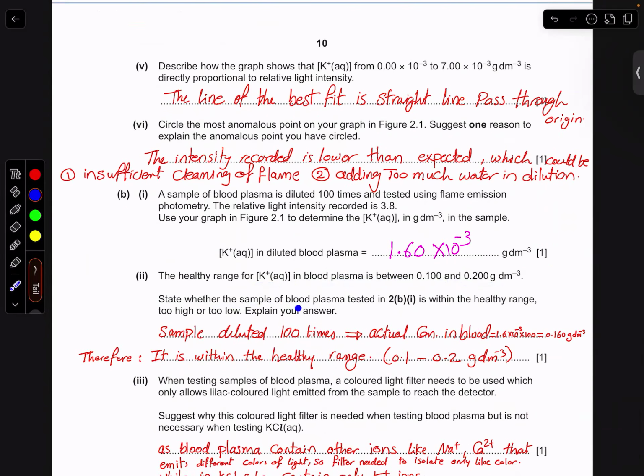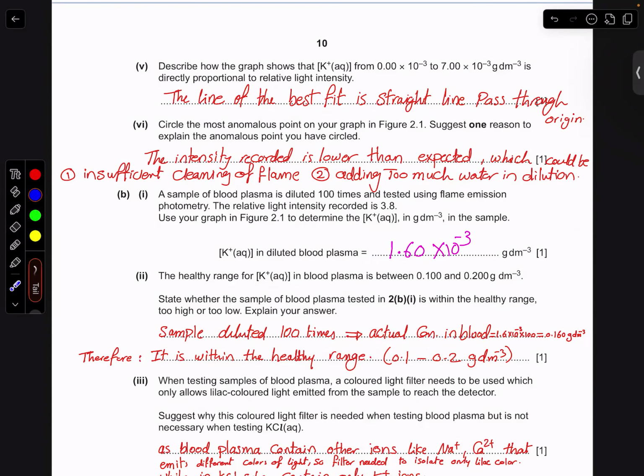State whether the sample of the blood plasma tested in 2BI is within the healthy range, too high or too low. Explain your answer. We got 1.6 times 10 to the power of minus 3, but the sample was diluted 100 times.